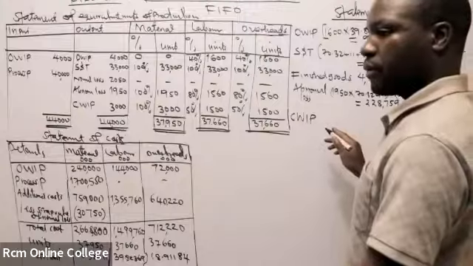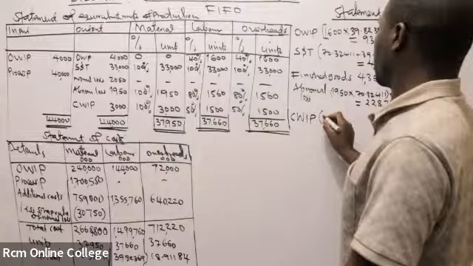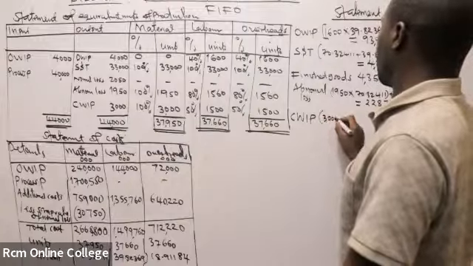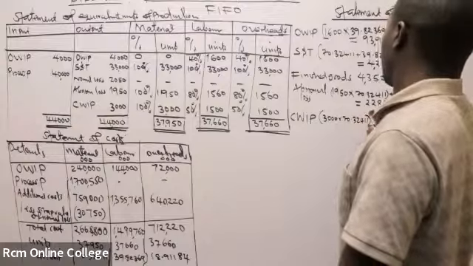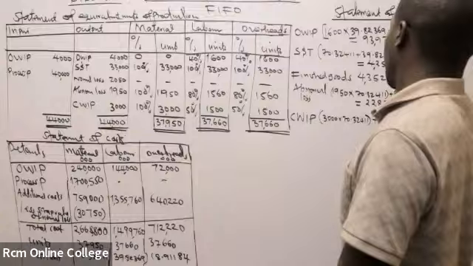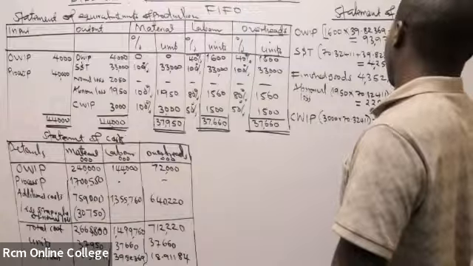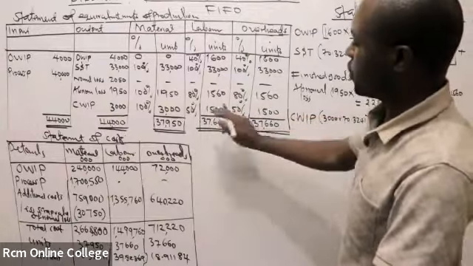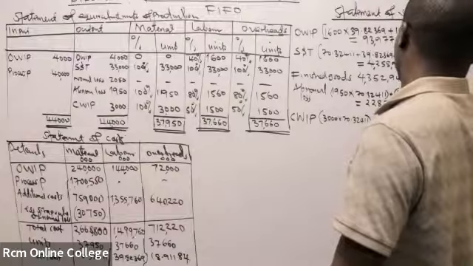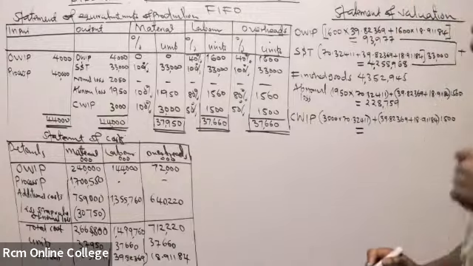So we now come here and talk about 3,000 times 70.32411 plus, close the bracket, 39.82369 plus 18.91184, multiply by the same units under these two, that is 1,500. What is the value of closing work in progress?